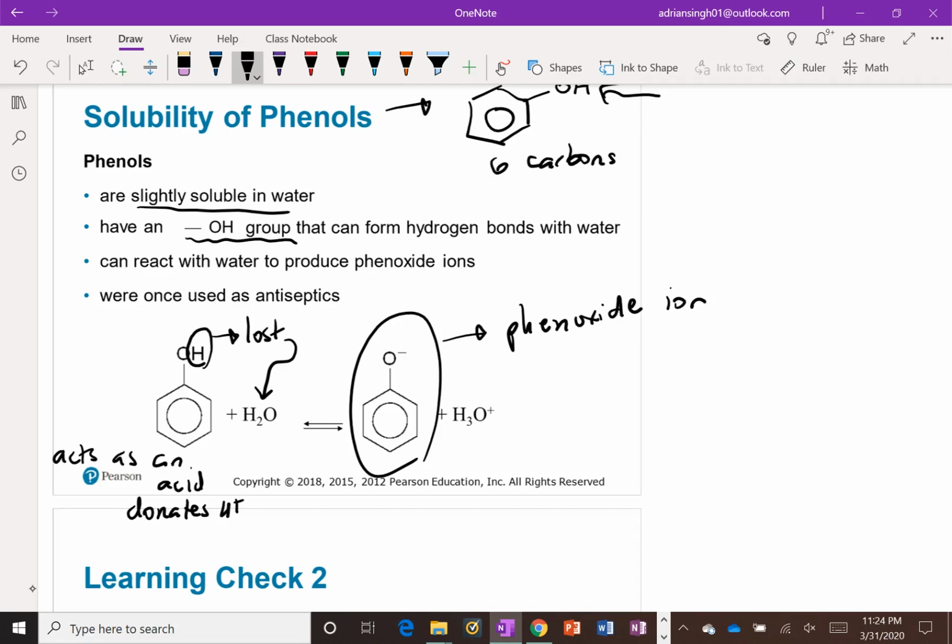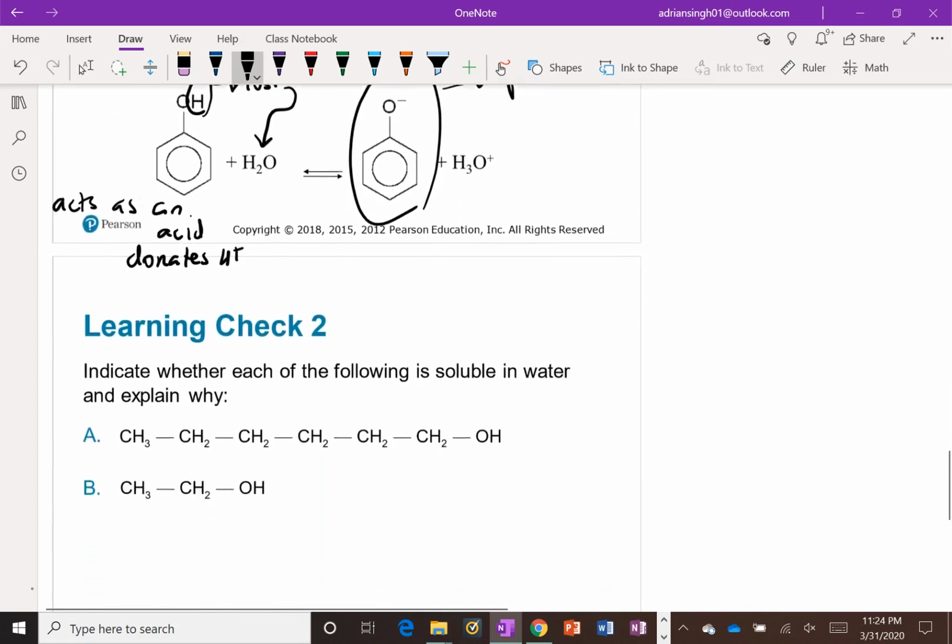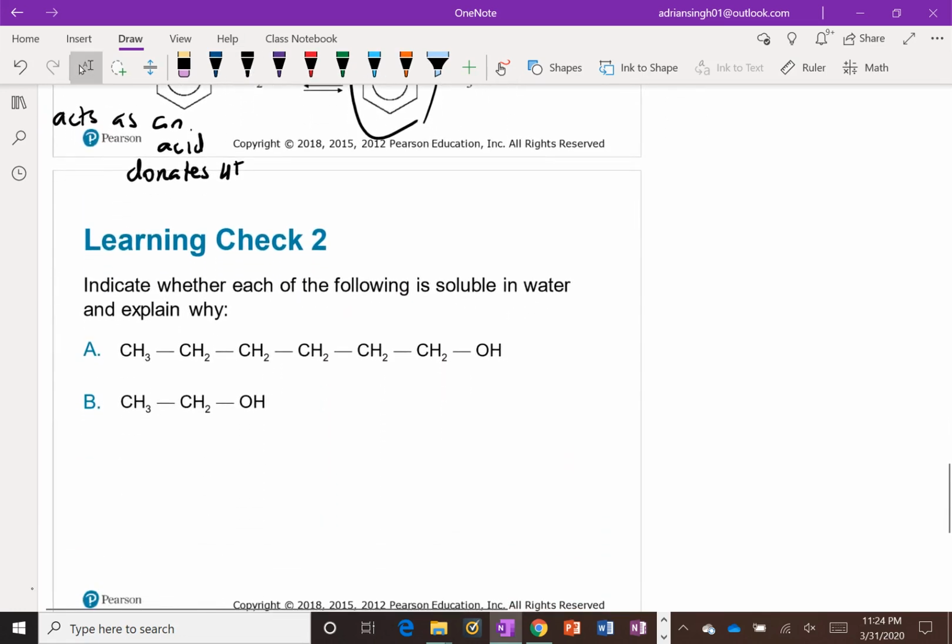Phenols and phenol derivatives were once used as antiseptics. Typically, if you go to a hospital and there's a typical hospital smell or scent, a lot of times that's due to the cleaning agent that they used, which historically has been some phenol or phenol derivative.